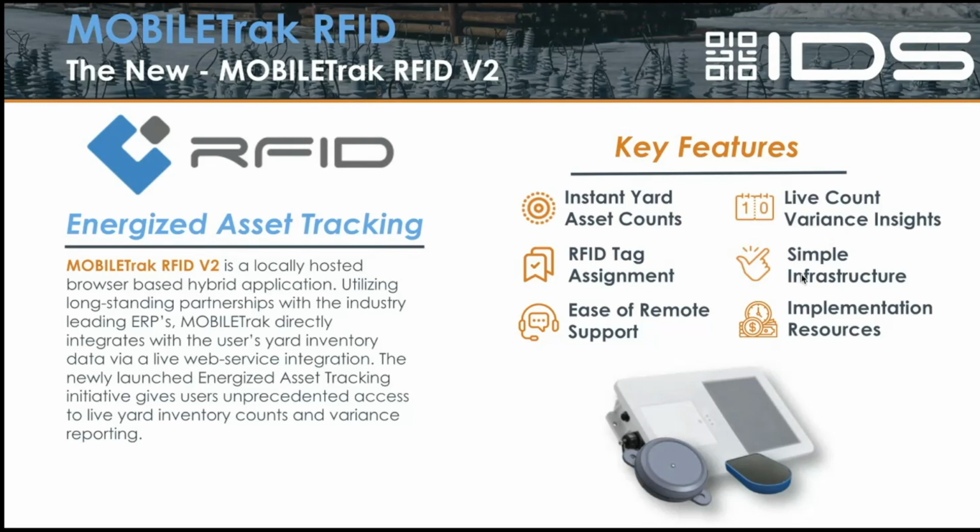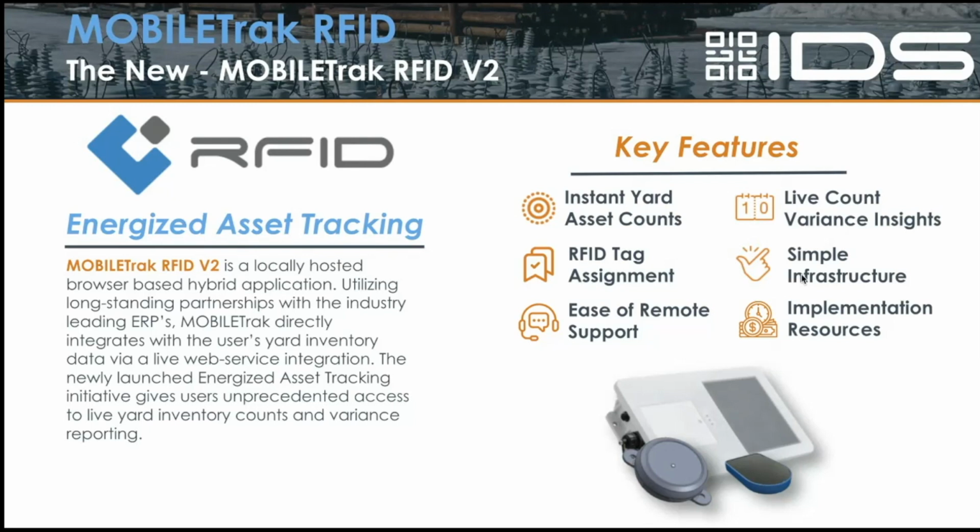MOBILETrak V2 is a locally hosted browser-based hybrid, a mix of different technologies: a smart web page, an on-premise database, and cloud data transfer for the tag ID. It utilizes the standard partnerships with our industry-leading ERPs, like I mentioned earlier, NISC, Meridian, IXP, PCS, etc., to really capture yard data.